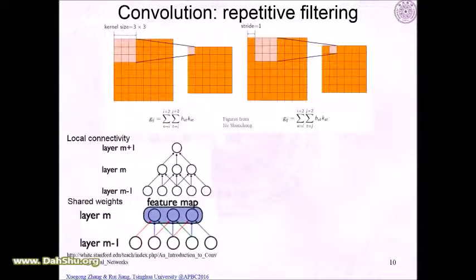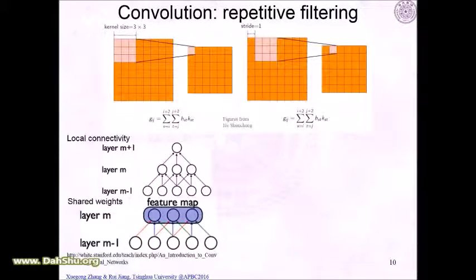This part is what we call the shared weights. When we scan the filter by moving it 1 step, we don't change the weights. So the weights of this computation and this computation and this computation are the same. So we have only 3 weights at this step.